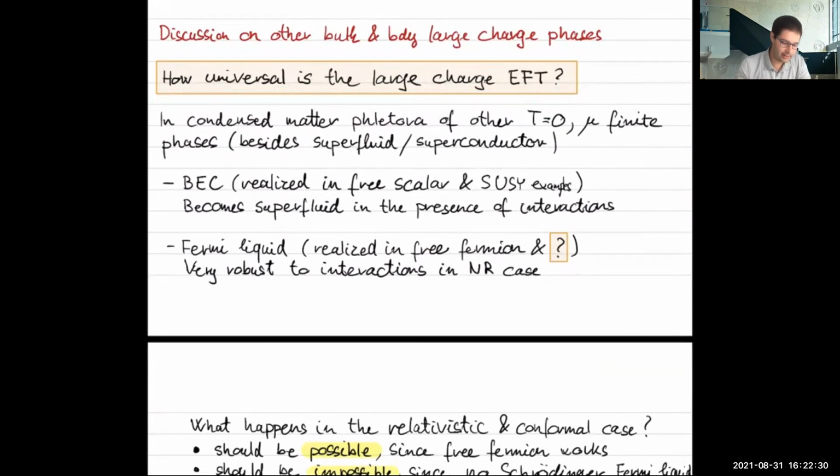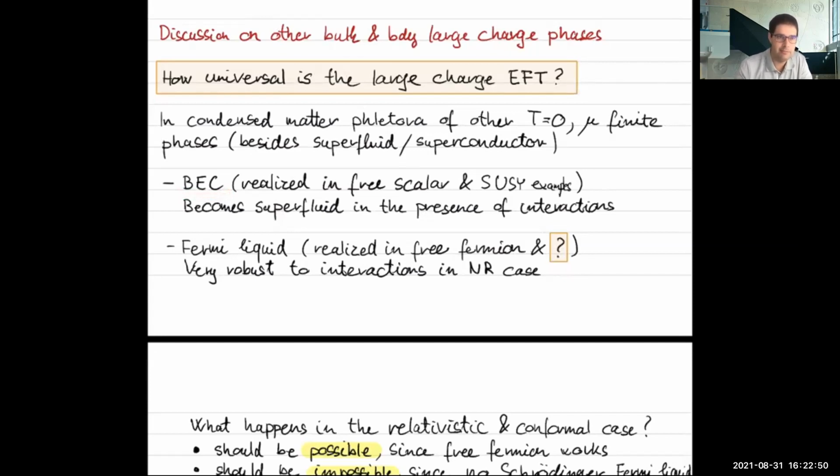Now, we know in condensed matter there's a plethora of other zero temperature finite chemical potential phases besides the ubiquitous superfluid and superconductor. The first example of such a phase that we learn about is the Bose-Einstein condensate.